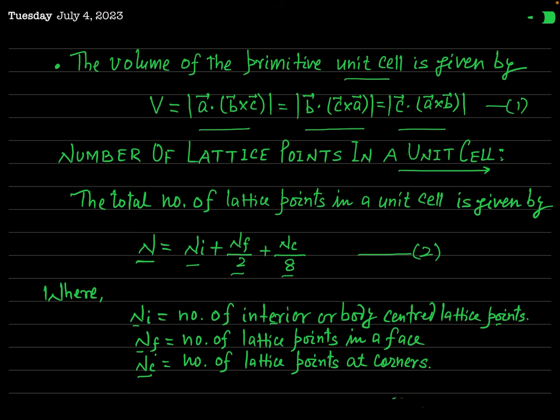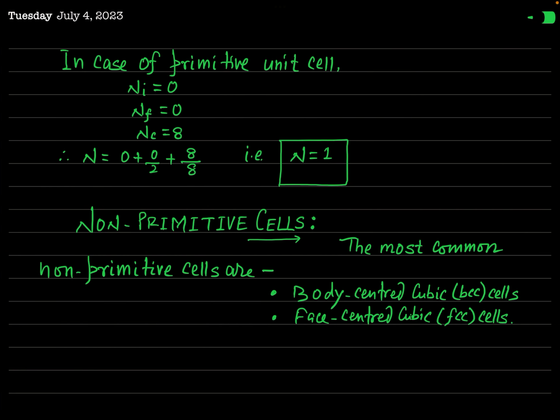So only 1/8 part of the lattice point is inside a given unit cell, and the total number of lattice points in this unit cell will be only 1.